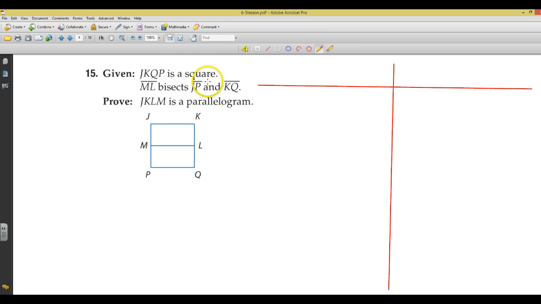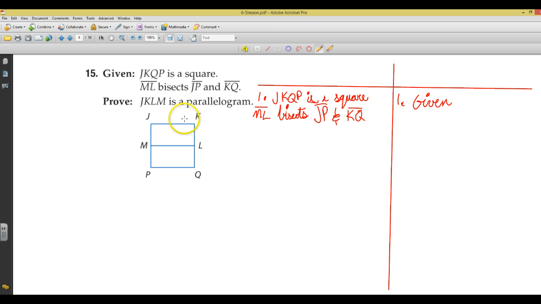Okay, in this proof, we're given that JKQP is a square and ML bisects JP and KQ. So if we know that JKQP is a square, then it must be a parallelogram because all squares are parallelograms.